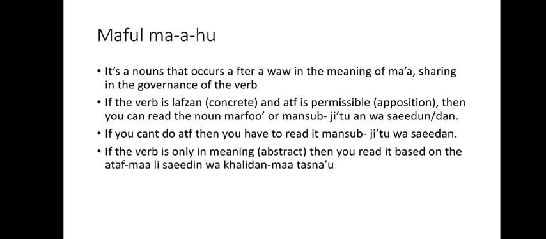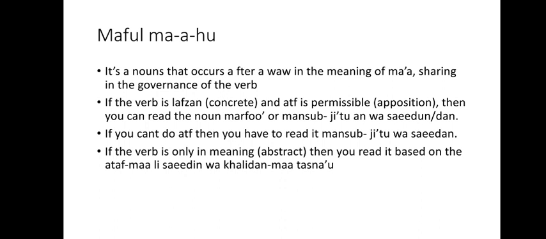So if the verb is only there in meaning, so it's abstract, and it's permissible to do atf, then you read it based on the atf. So what's the ruling of atf? The ruling of atf is that the word that comes after wa will have the same vowel or the same case as the word that came before wa.